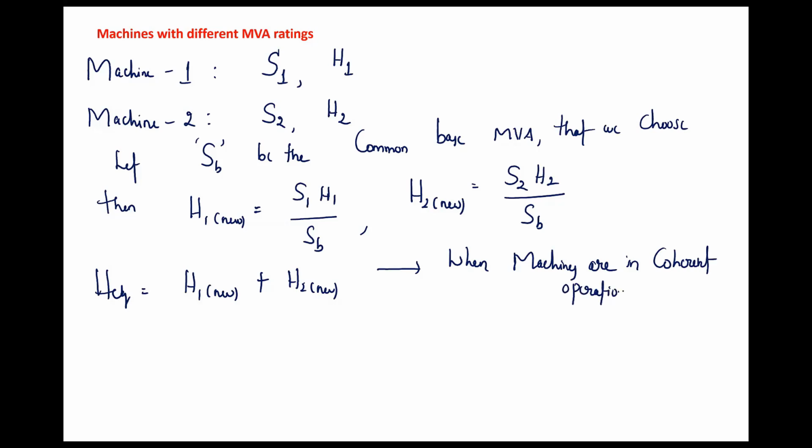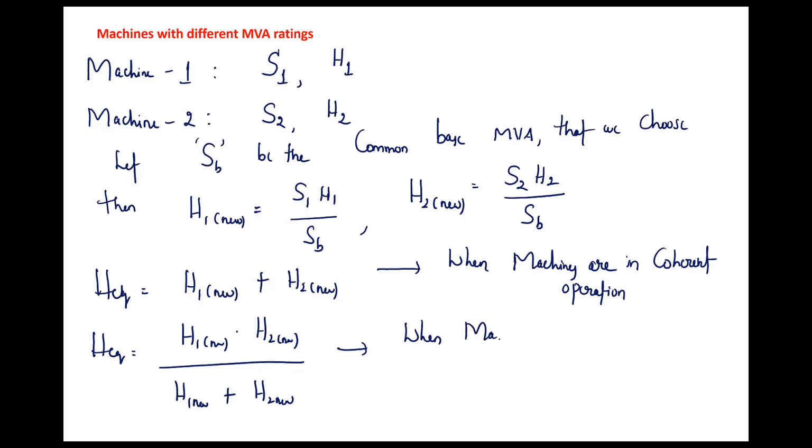Then your H equivalent value will become H1 new plus H2 new, and H equivalent value will become H1 new into H2 new divided by H1 new plus H2 new when machines are in non-coherent operation. That means when they are not swinging together.